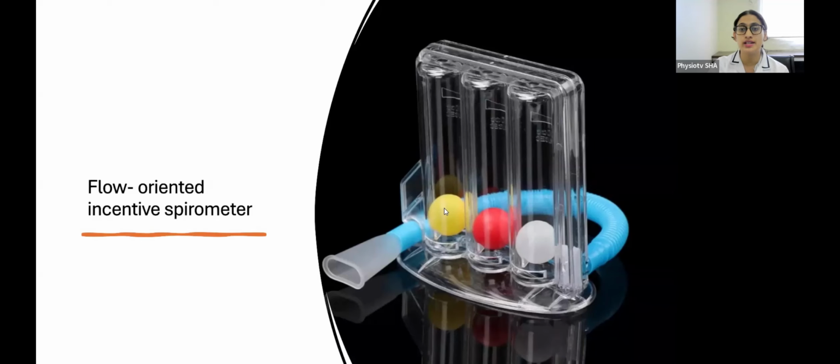And the last ball is indicative of 1200 cc's. So how much ever effort the patient is able to put in, that many balls are going to be lifted up or suspended in the air. And this will give the patient feedback as to how much the effort is and if more effort needs to be put in.